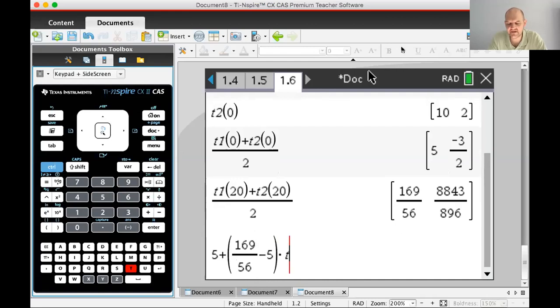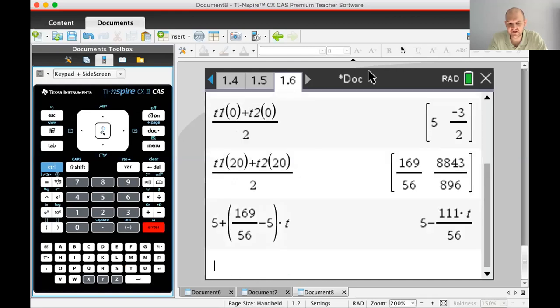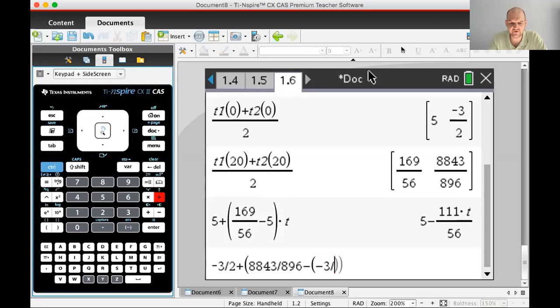So I get this, I think. So this, I think, is what x is going to do. And then y at 0 is -3/2. So -3/2 plus the final y, 8843 over 896, minus the initial y, -3/2, and that'll be times t.